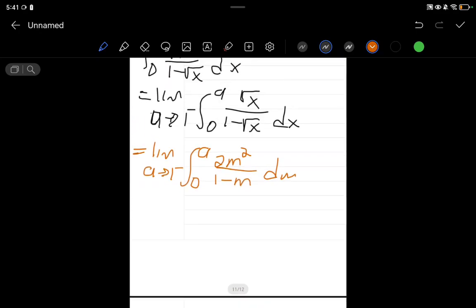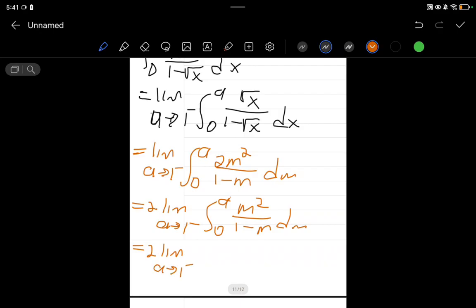The limit as a approaches 1 from the left, integral from 0 to a of m squared over 1 minus m dm. We agree with this right now. And then this will be 2, the limit as a approaches 1 from the left of the integral from 0 to a.